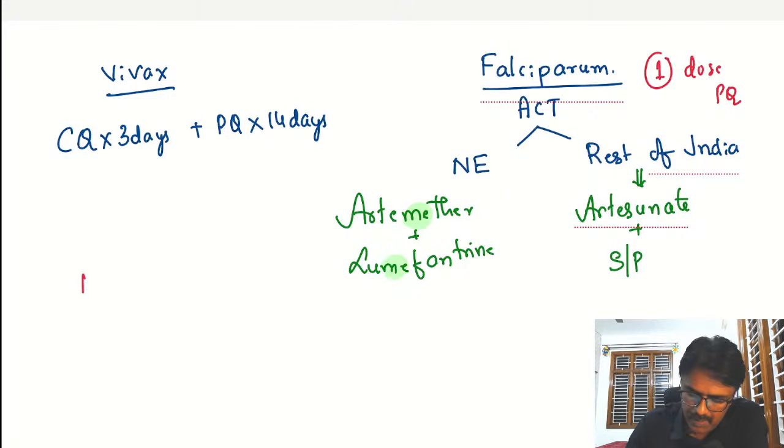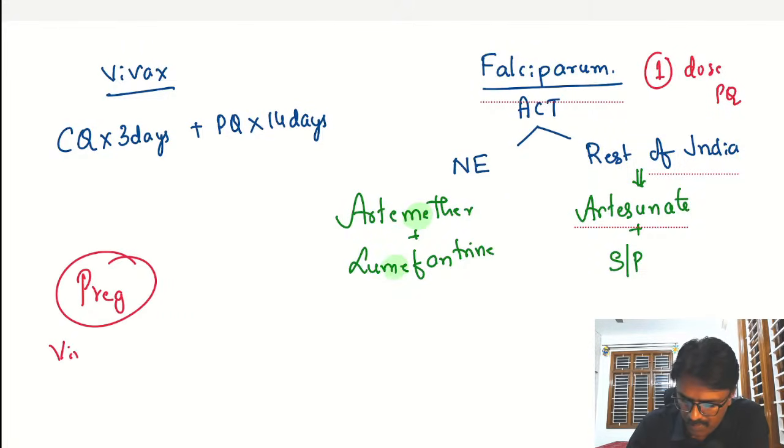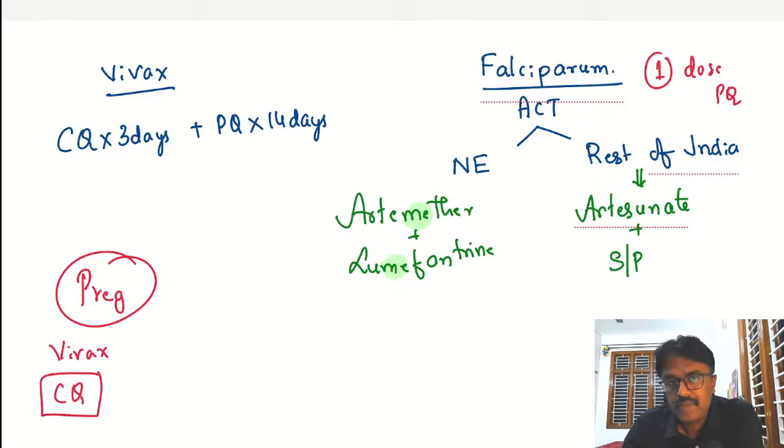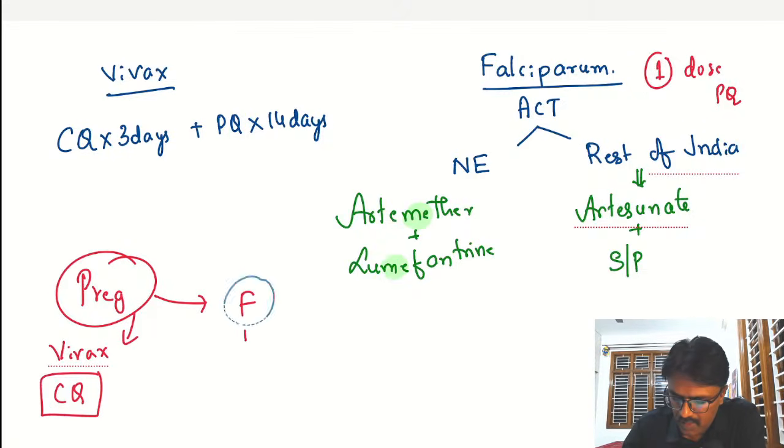Suppose it happened in pregnant women, then what to do? For Vivax, we only give chloroquine. That's it. No primaquine. Suppose you see falciparum in pregnant women, then for the first trimester, the main drug is quinine.